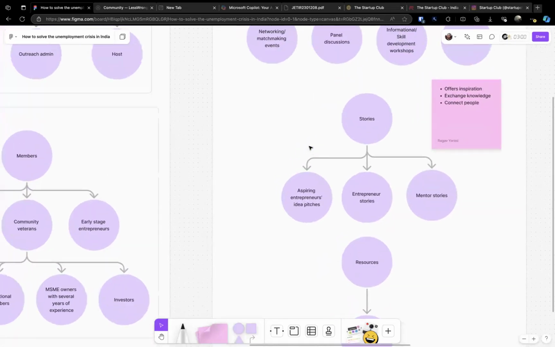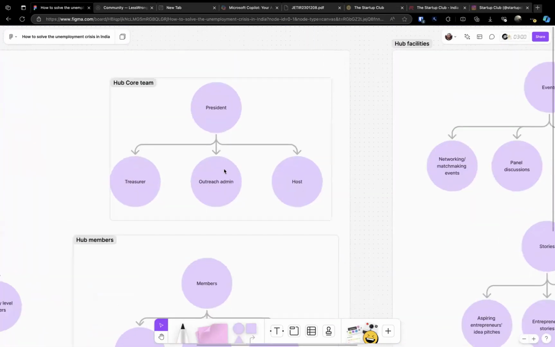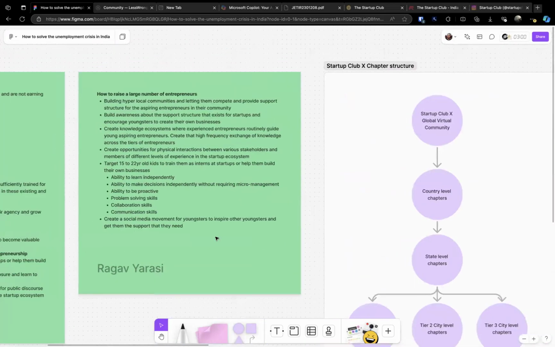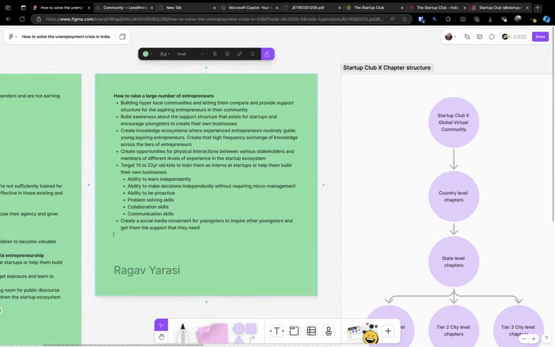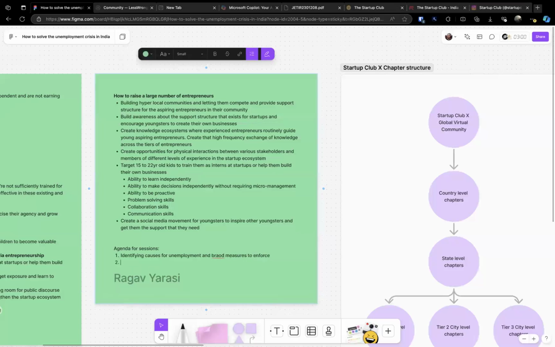But yeah, I want to maybe establish the agenda for the next 2 sessions. So I'm just gonna put it here. We had our first session, and that was identifying causes for unemployment and broad measures to enforce, honing in on the solutioning.